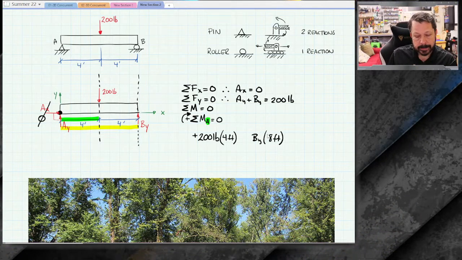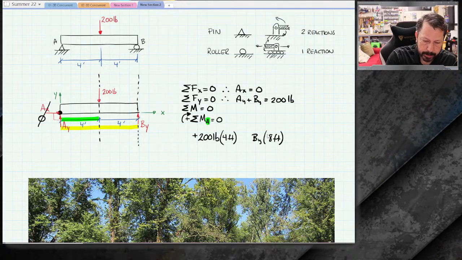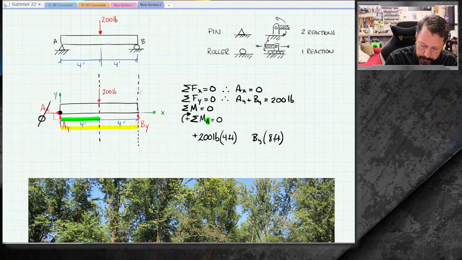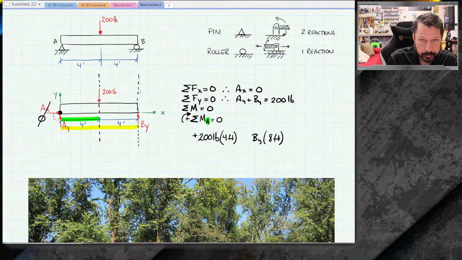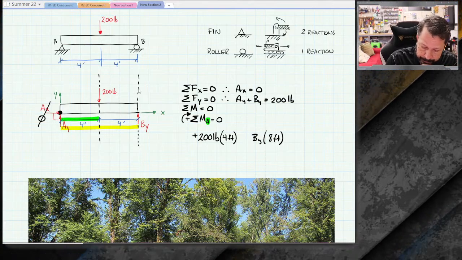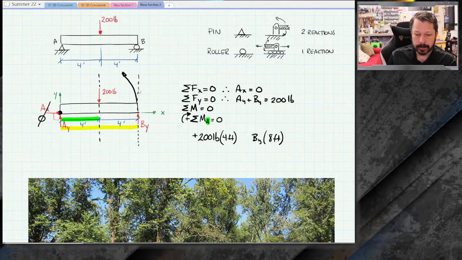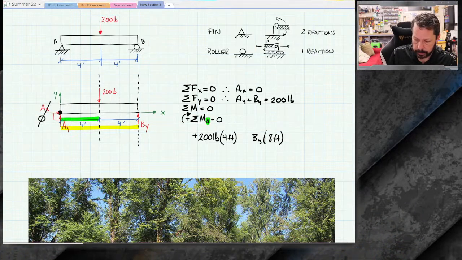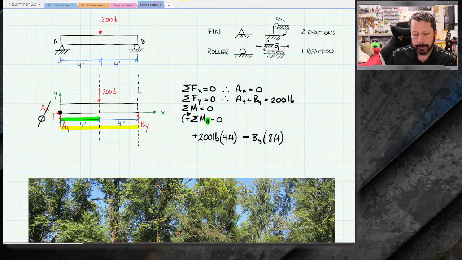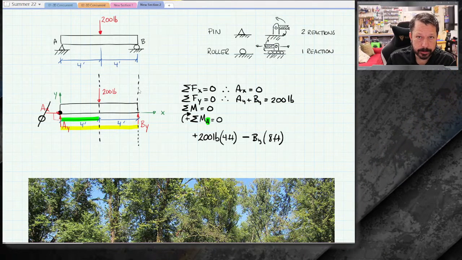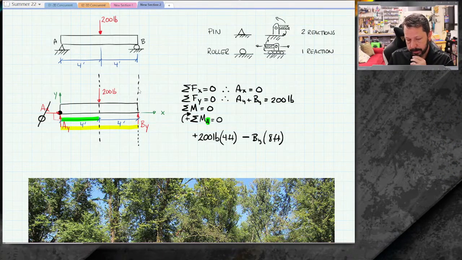And isolating BY, thinking about my little beam being able to rotate about point A, if I look at the way BY is drawn, now I drew that arrow, I could have drawn it incorrectly, but that's okay. It looks like it's going to go around this way. That's counterclockwise. So I need to give that a minus sign because I said that clockwise rotations were positive, and this one looks like it's going counterclockwise.